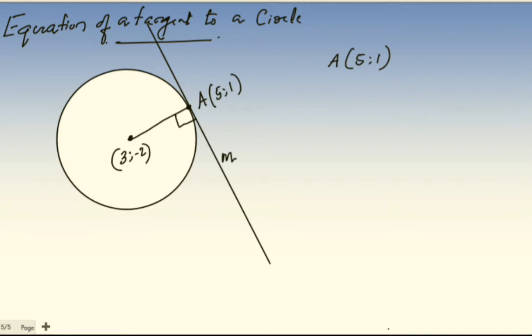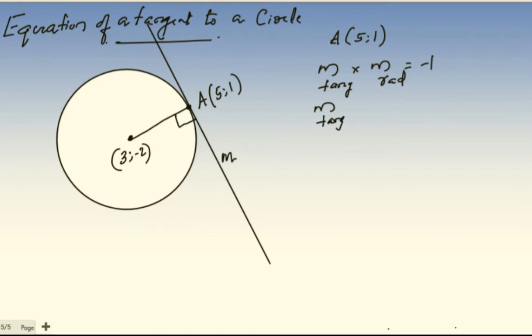You know that since the radius and the tangent are perpendicular, therefore gradient of tangent times gradient of radius, since they are perpendicular, always is equal to minus 1. So using this, we can find the gradient of the tangent. Gradient of tangent times gradient of radius we can find out because 2 points on the radius are given.